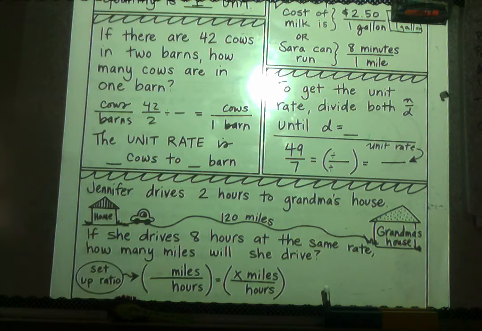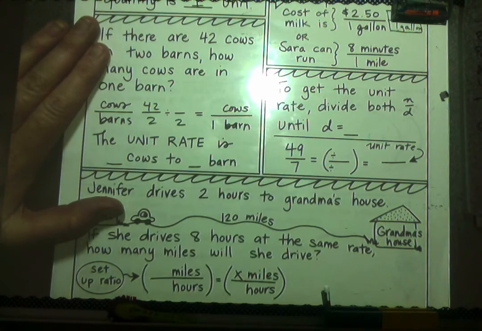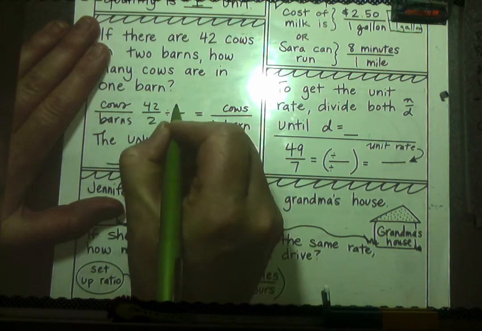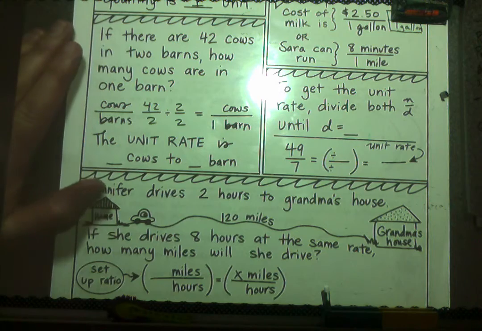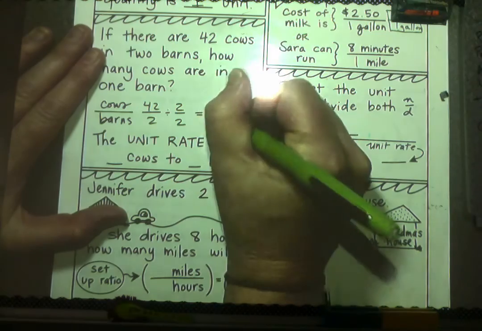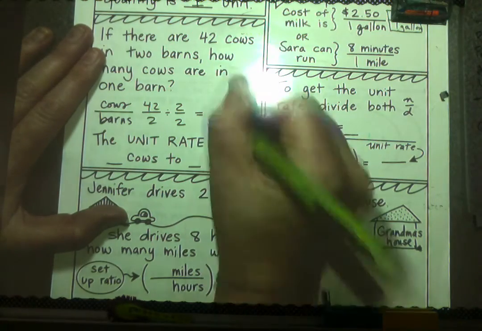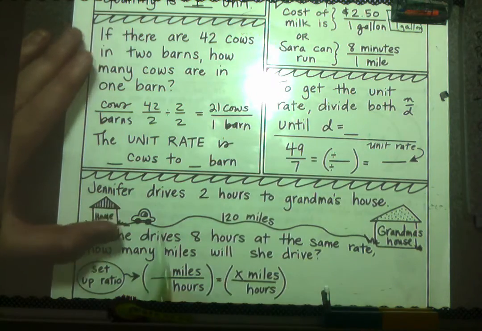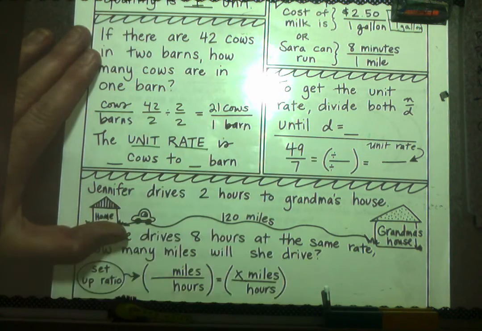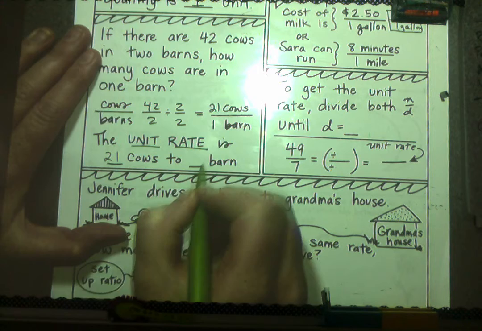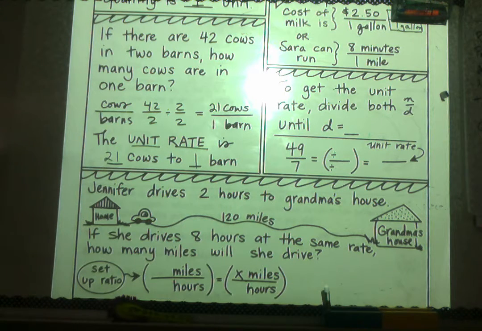So what am I going to divide by? 2, right. I'm looking for equivalence. So if I divide 2 by 2, I get 1, which means I have to divide 42 by 2, which is how many cows? 21. So the unit rate is 21 cows to 1 barn. I know it's a unit rate because it's out of 1.